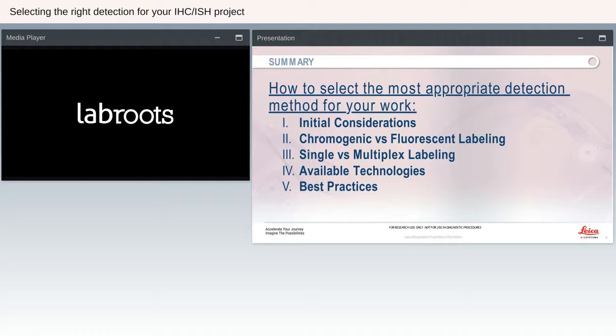Choosing the appropriate detection method for your targets will allow researchers to produce the most compelling visual images to support their research goals. We'll discuss some of the major factors that contribute to effective single and multiplex stainings with focus, of course, on quality. And then we'll talk about some best practices for assay development.